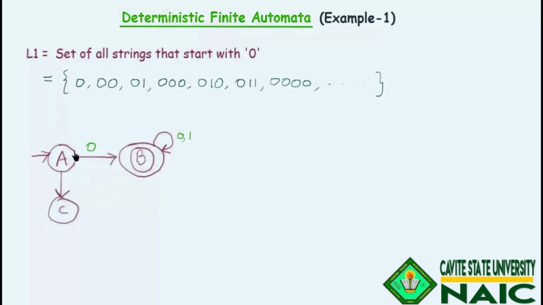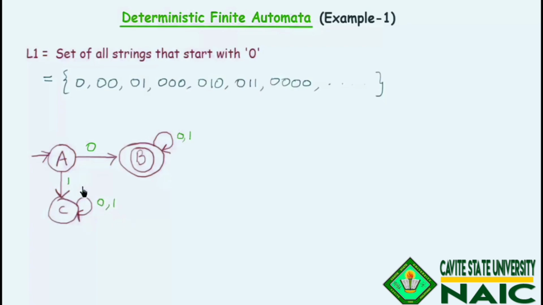When the input is 1, it goes to state C, and after reaching state C, whatever inputs I get, whether 0 or 1, it stays in state C itself.